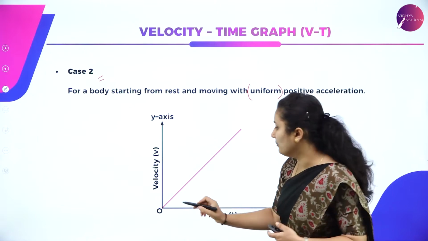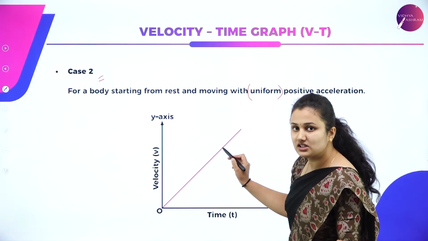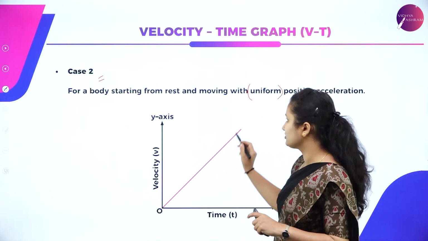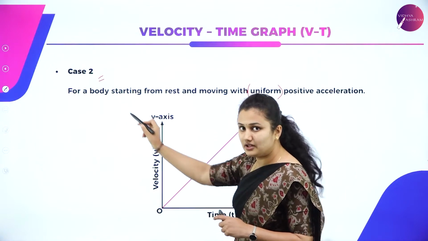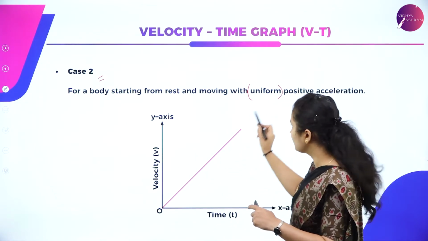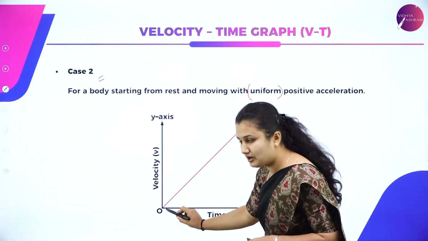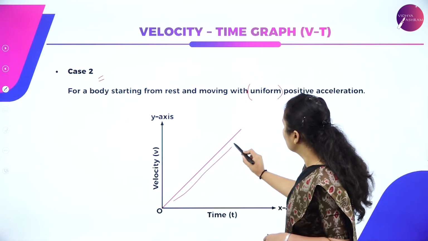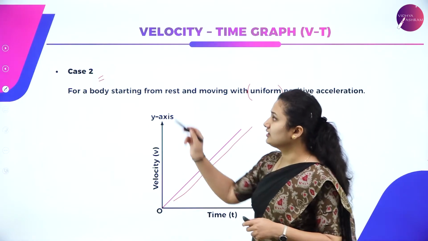When it is uniform, we get a straight line. There is no decrease or increase in acceleration. It is uniform throughout the body's travel. So that is case 2.